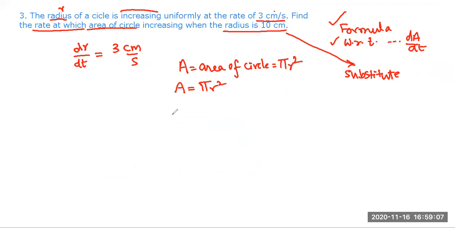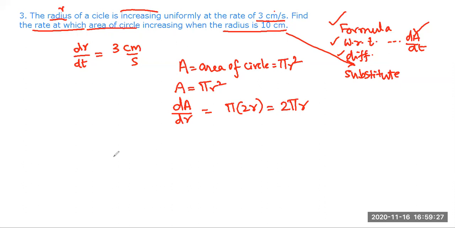The third one is differentiation. So when I differentiate this, dA by dr equals pi into 2r, that's equal to 2 pi r. I differentiated, but what we need is dA by dt.